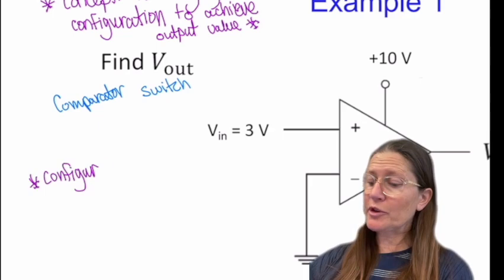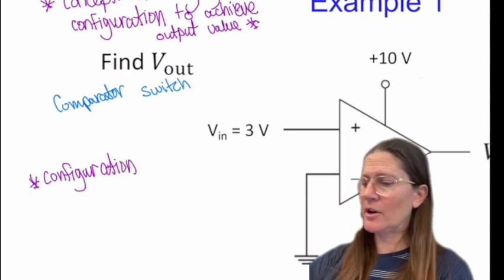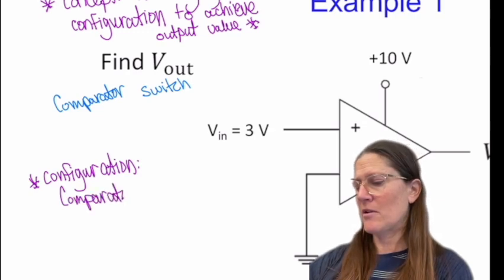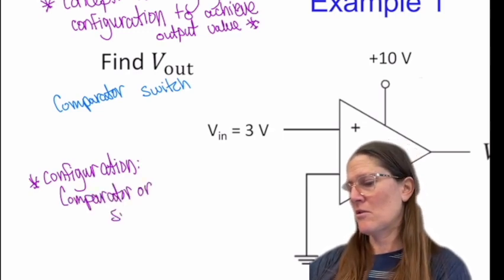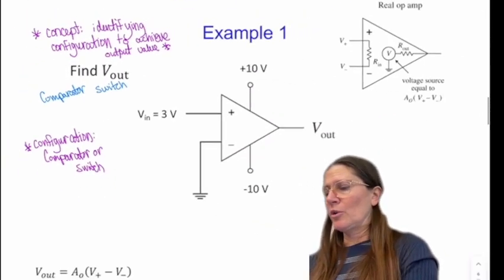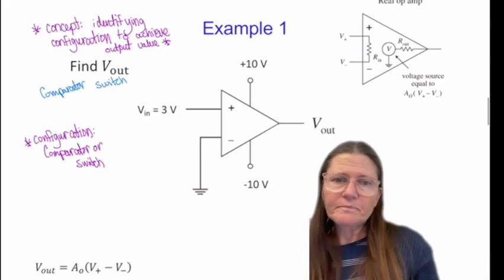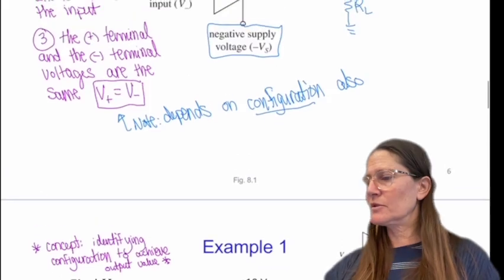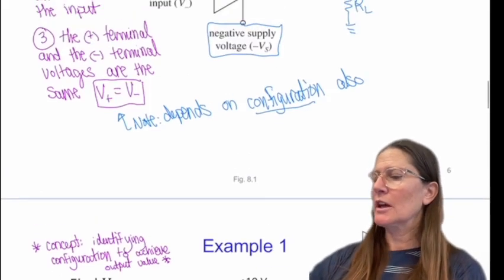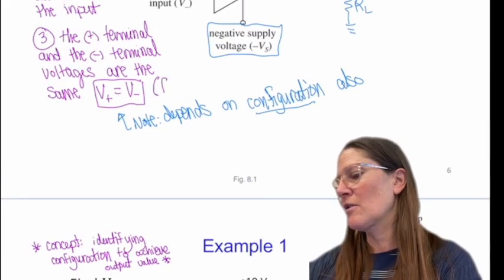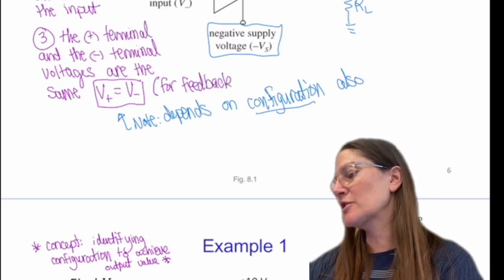So this is the first configuration, called a comparator or switch. With this, if you don't have any feedback, maybe that's the other thing I could say here, for this concept, maybe feedback configurations.